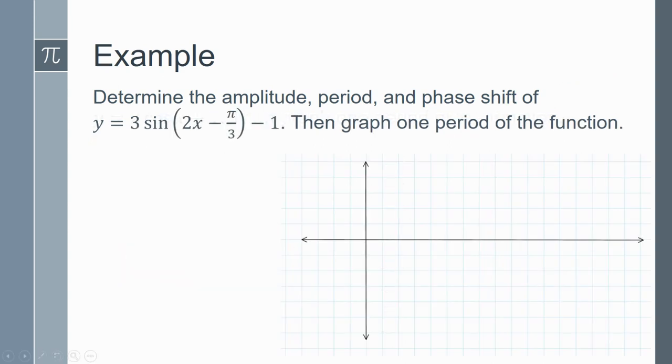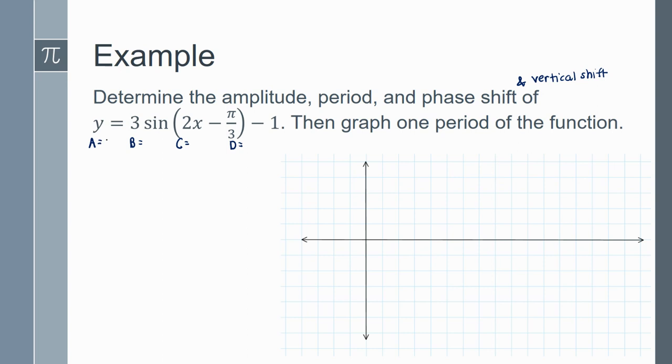Okay, let's do one more together. Once again, we're going to identify all 4 of these. Okay, so we have y equals 3 times the sine of (2x minus pi over 3) minus 1. All right, so a lot of stuff going on here. So let's identify A, B, C, and D so we can start figuring all this out.